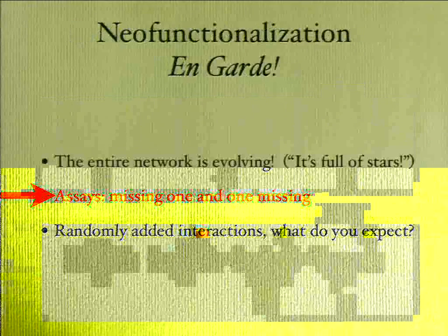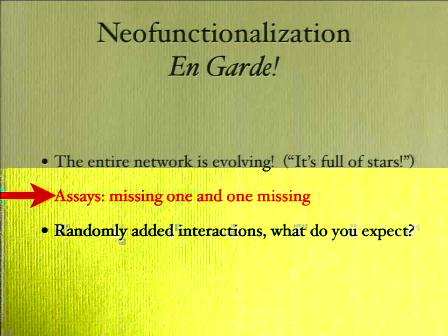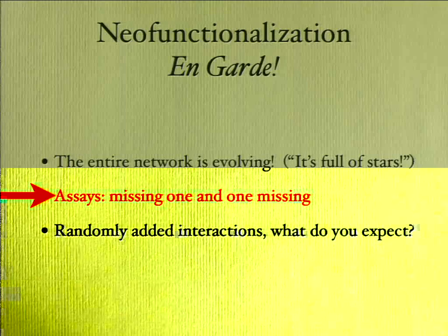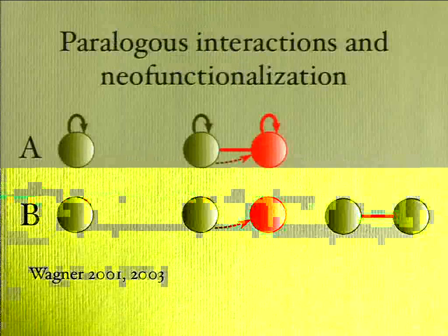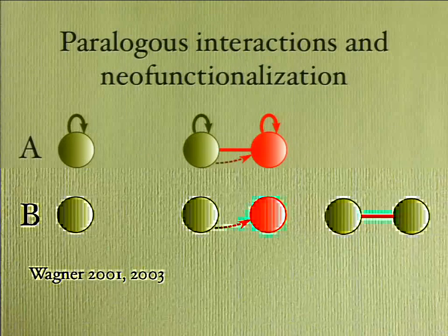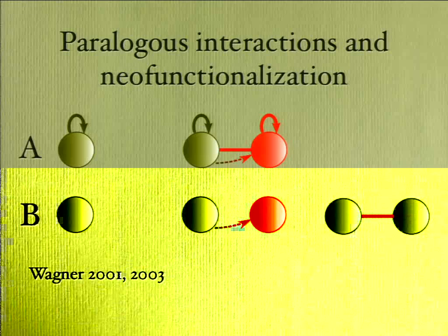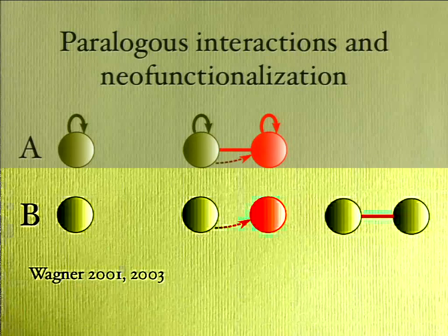So moving on to the second point, assays, missing one and one missing. Wagner came out with a couple of papers also looking at neofunctionalization and studying its presence or absence in the evolution of protein interaction networks. He made the observation that if you have a paralogous pair of proteins and they're interacting, there are only two ways that interaction could have formed.